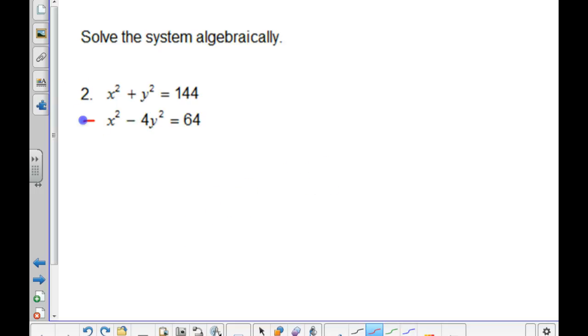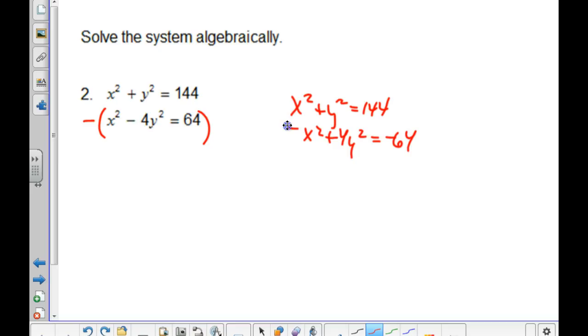Honestly, I just multiplied through by a -1 here. So I had x squared plus y squared equals 144. Negative x squared plus 4y squared equals -64. Gives me 5y squared equals 80.